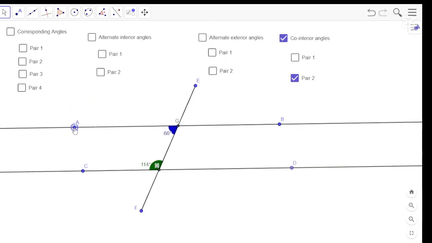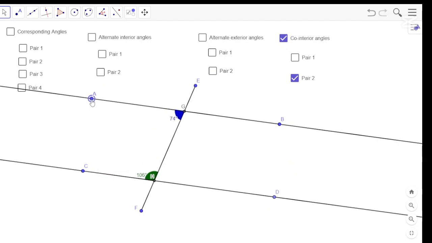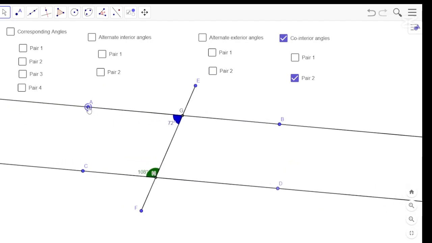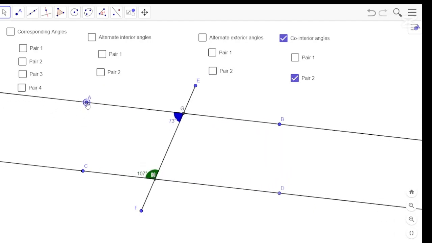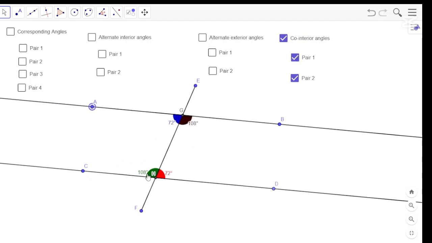We can change the positioning, but still the sum of the co-interior angles gives us 180 degrees. This angle plus this angle, and this angle plus this angle, gives us 180 degrees.